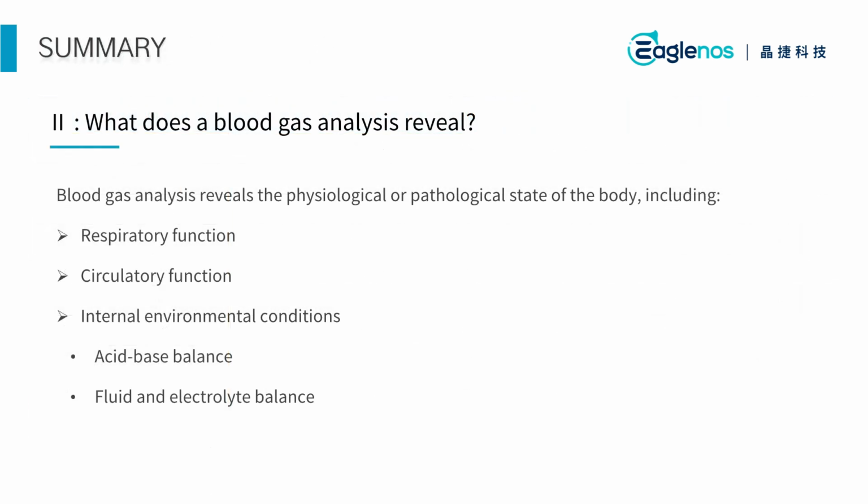The second critical piece of information is that blood gas analysis reveals the physiological or pathological state of the body. Proper understanding and use of blood gas and electrolyte analysis can help accurately interpret most respiratory, circulatory, and metabolic disturbances in critically ill patients.